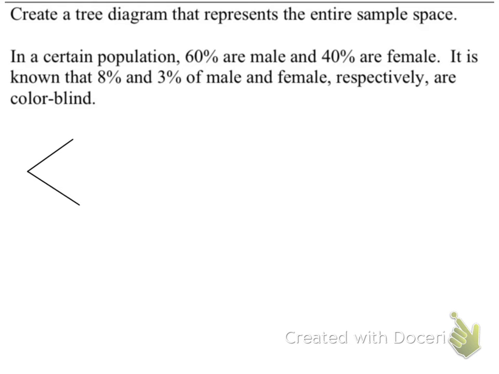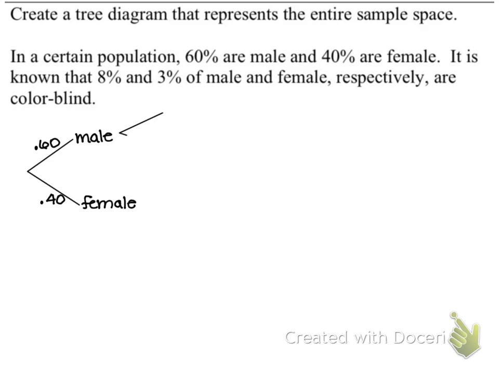When we think about the two scenarios that could happen originally, or the information that's given to us, we have male-female. Now the probability of male in this case is going to be 60%. I'm going to turn this into a decimal though, so that when I multiply to create my probabilities, or my entire sample space for the probabilities, I don't have to convert it later. We know we can't use percents when we're multiplying.